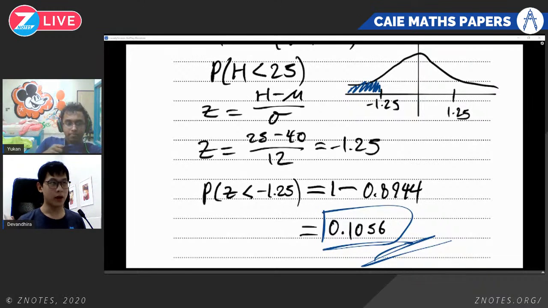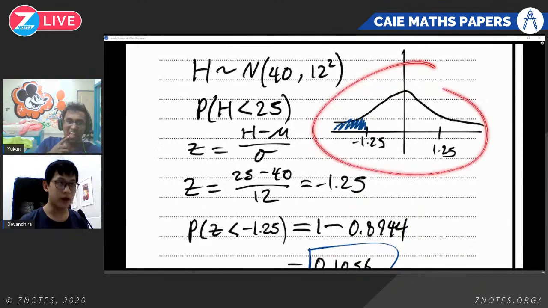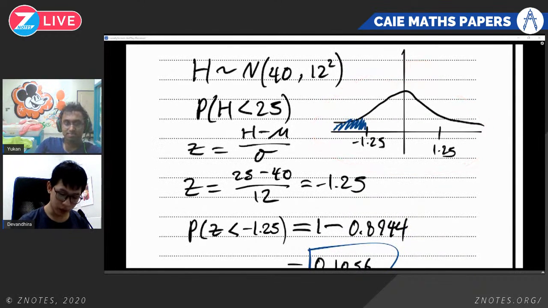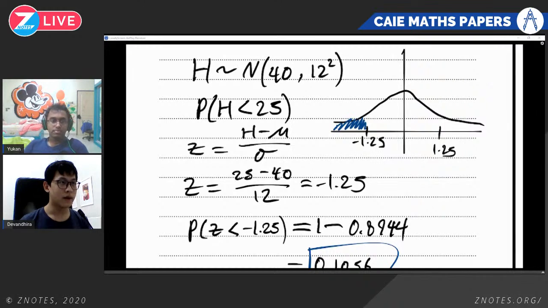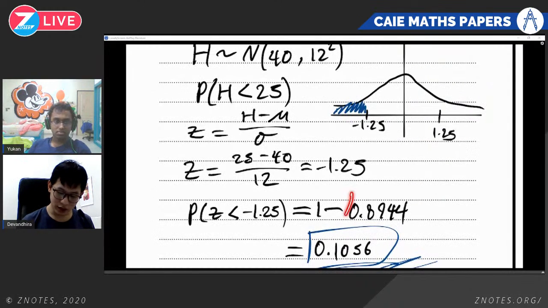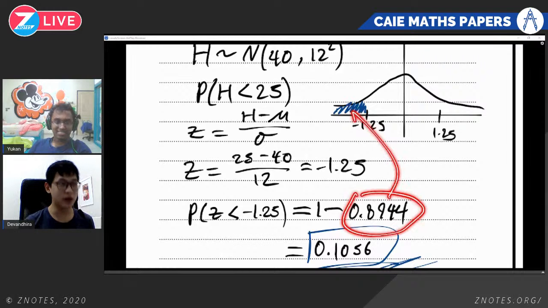Let's say you don't know whether you should do 1 minus, you have no idea, you're confused. You can always draw the graph. Like here, I draw the graph, and if you take a look at the region, it's this part right here. Now the question is, does 0.8944 correspond to this region? Does it even make sense? It doesn't, because 0.8944 is greater than 0.5.